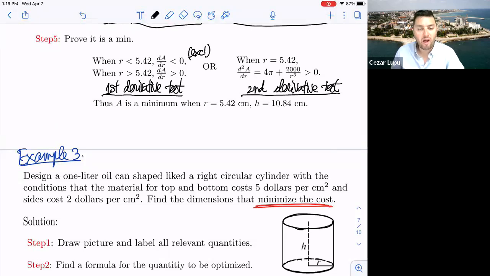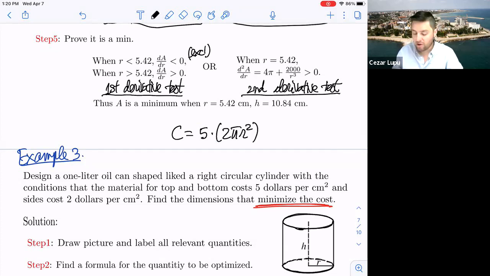The top and the bottom cost $5 per centimeter squared, so the cost function C will be 5, because each centimeter squared costs $5, times 2 pi r squared.